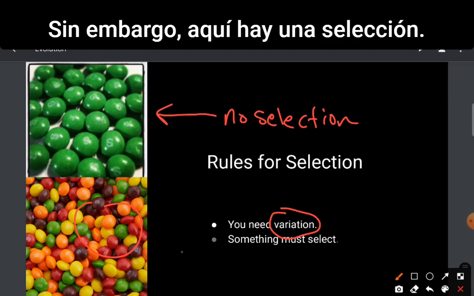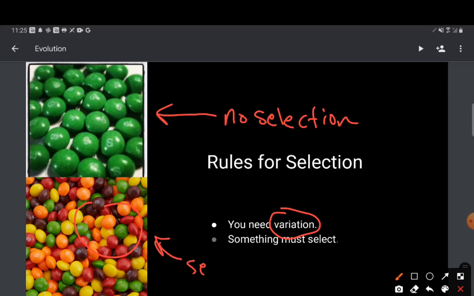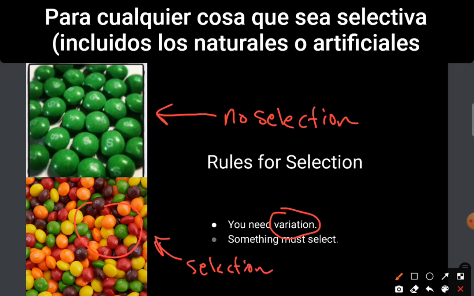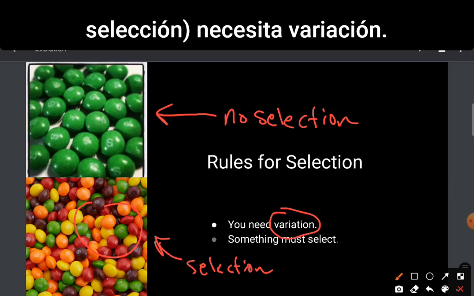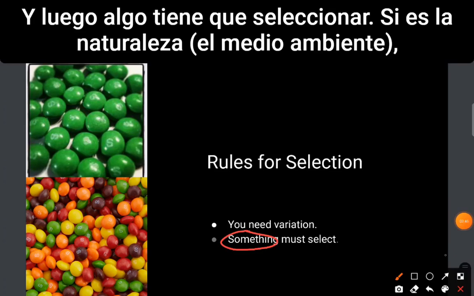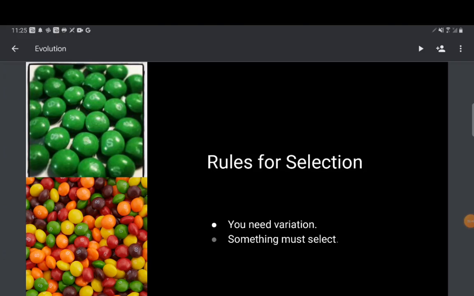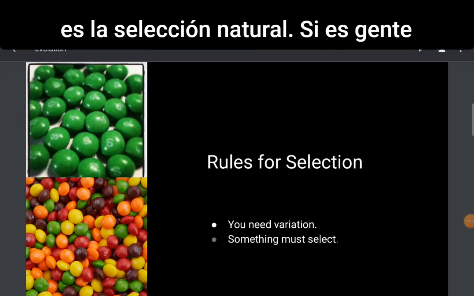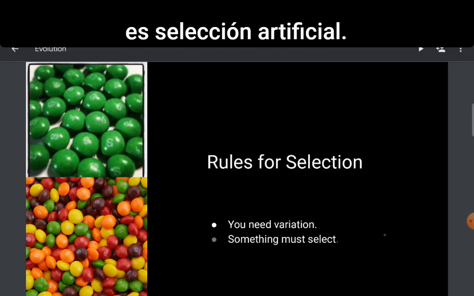However, here, there is selection. For anything that is selective, including natural or artificial selection, you need variation. And then something has to select. If it is nature, it is natural selection. If it is people, it is artificial selection.